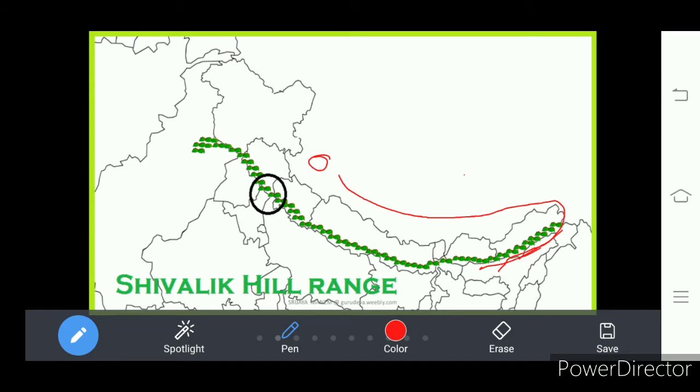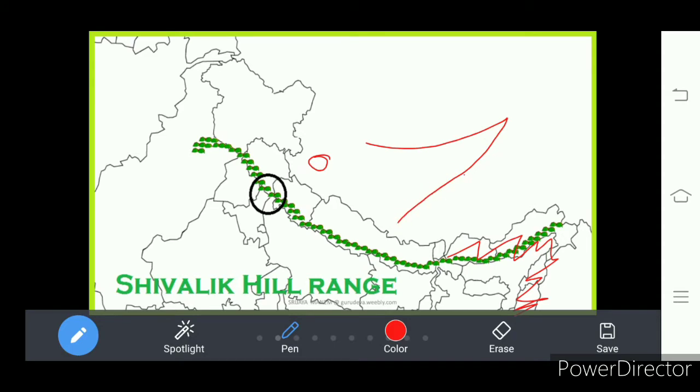Okay, and these Himalayan mountains take the shape of a hairpin bend. What is that? Hairpin bend. I am drawing the Himalayan mountains here. Look at here. This is the shape. In this way it is there. It is a hairpin bend. Understand?